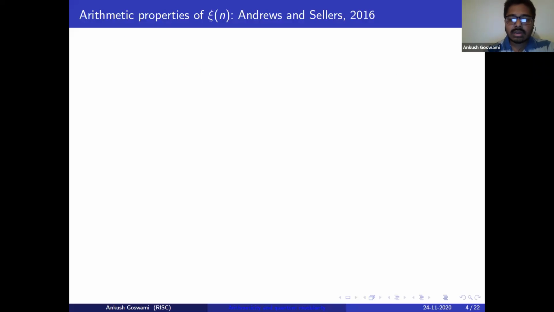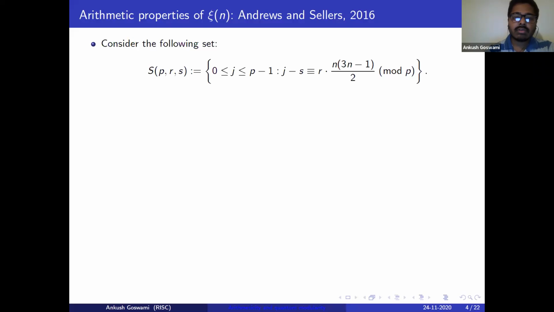To state their result, we need to first consider the following set S with these three parameters p, r, and s. p can be any positive integer, r and s can be any integers. You can define this set S(p,r,s) to be the set of all non-negative integers j between 0 and p-1 such that j-s is congruent to r times a pentagonal number mod p.